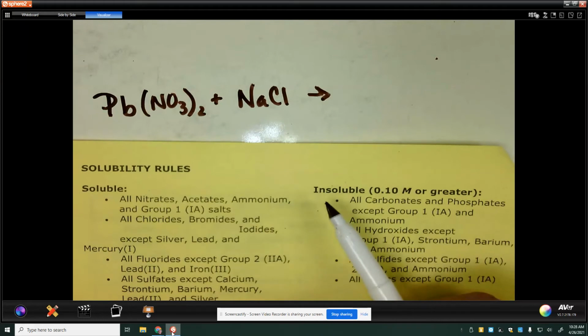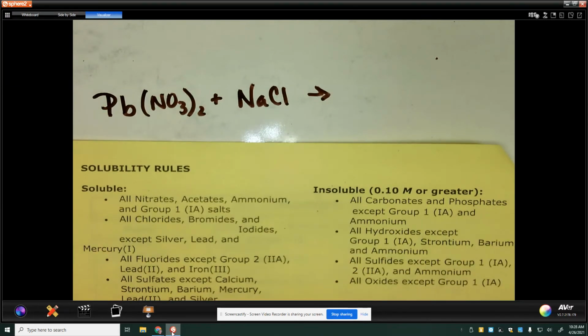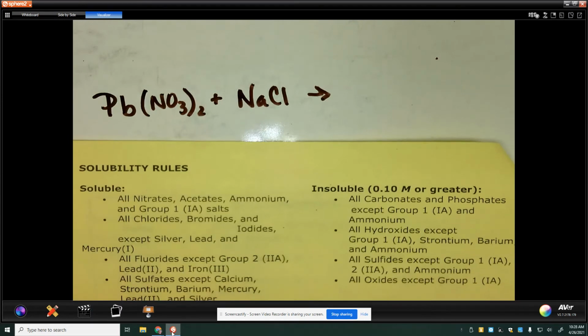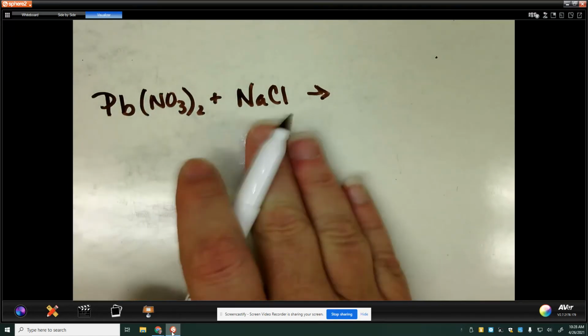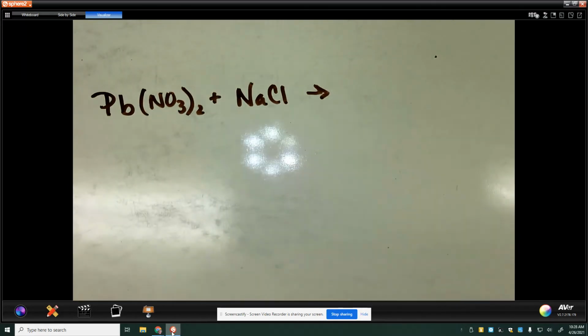A precipitate is an insoluble compound, so water can't get in between the ions, so it stays together and will sit at the bottom of a reaction vessel or whatever. So these would be 2 aqueous solutions, and when they get together, they are going to form a precipitate. But we need to first figure out what they're going to form.